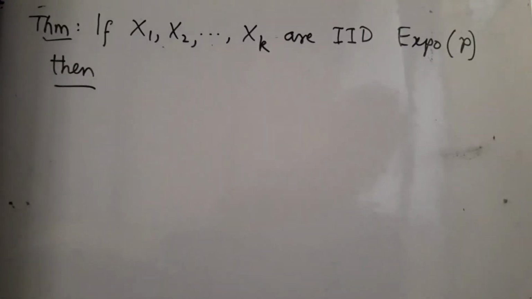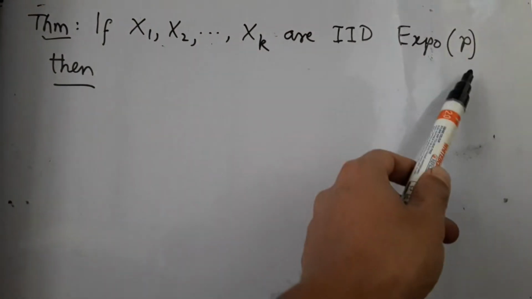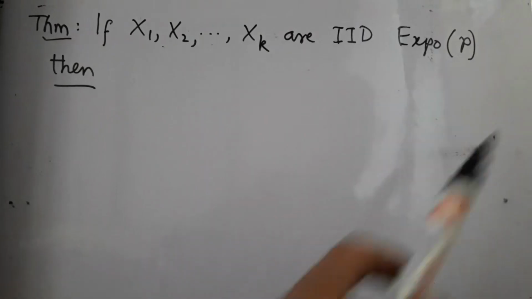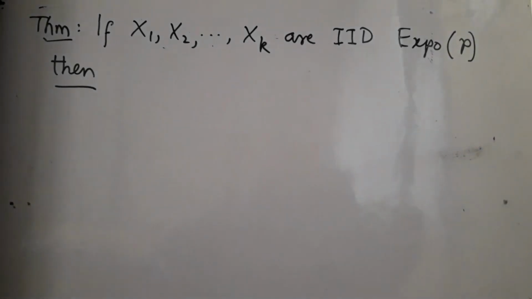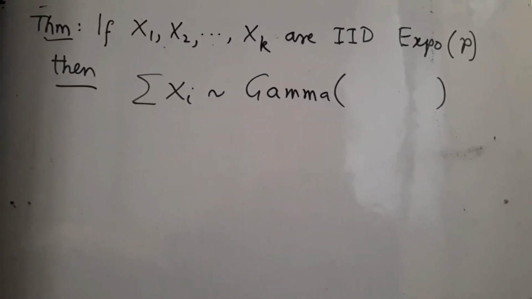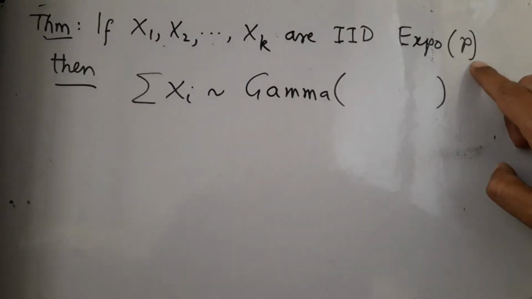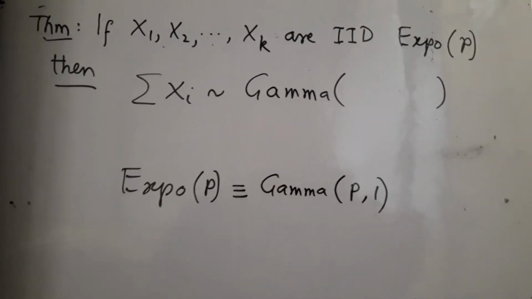We saw how we can go from gamma to the exponential by setting the shape equal to 1. Now we can do the other way around also. If x1 to xk are IID exponential p, identical distribution, so same p, then the summation of the xs will have a gamma distribution. Can you guess what it is? Not very difficult. Just remember that this exponential p is the same as gamma p, 1.